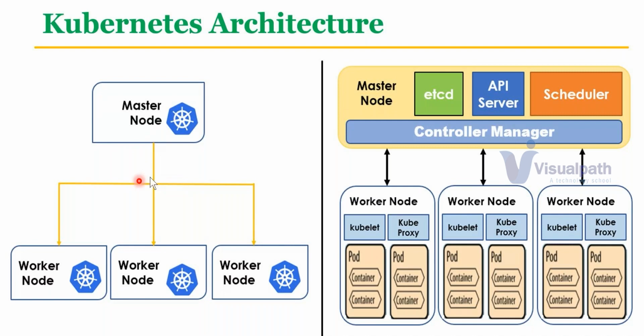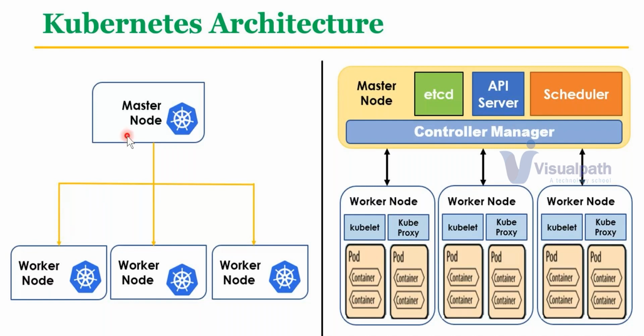If anything goes wrong with a worker node, who is responsible? Master node. If the master node wants to talk to this worker, he can talk to it. If he wants to talk to the second or third worker node, he can just go and talk to them. That is how the master node is connected, and everybody is reporting to whom?